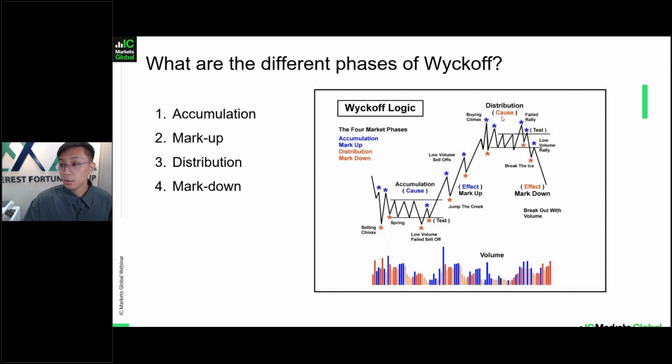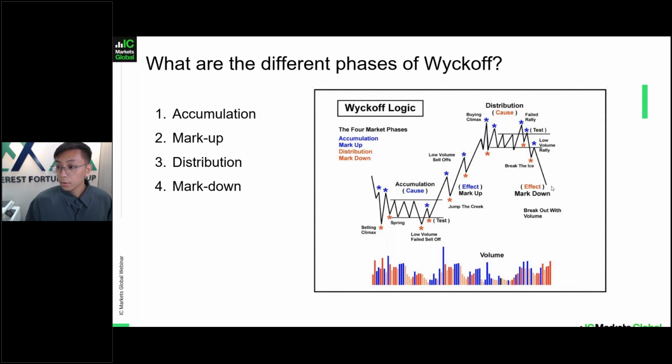So you can see here for distribution, we have buying climax, then failed rally, meaning that it failed to break this high right here. Then test, so you enter on the test, and then you'll break this consolidation to go downwards. This markdown is called break the ice, meaning that it started to break out of the consolidation period and have a markdown.